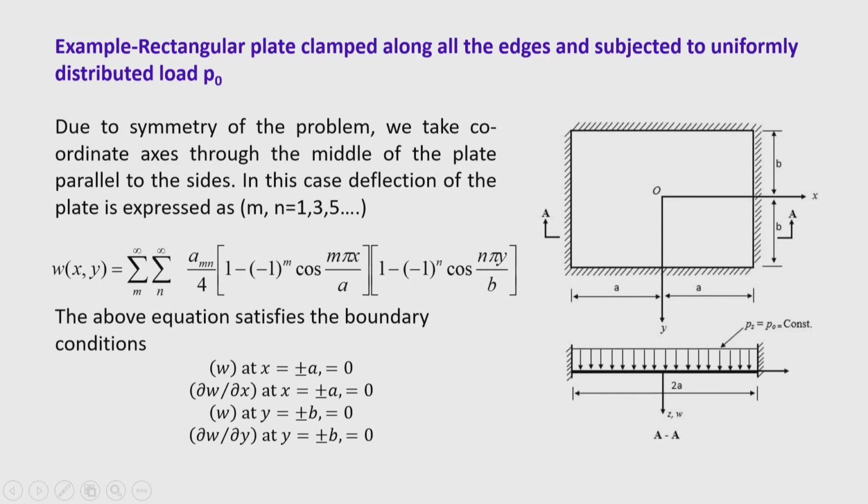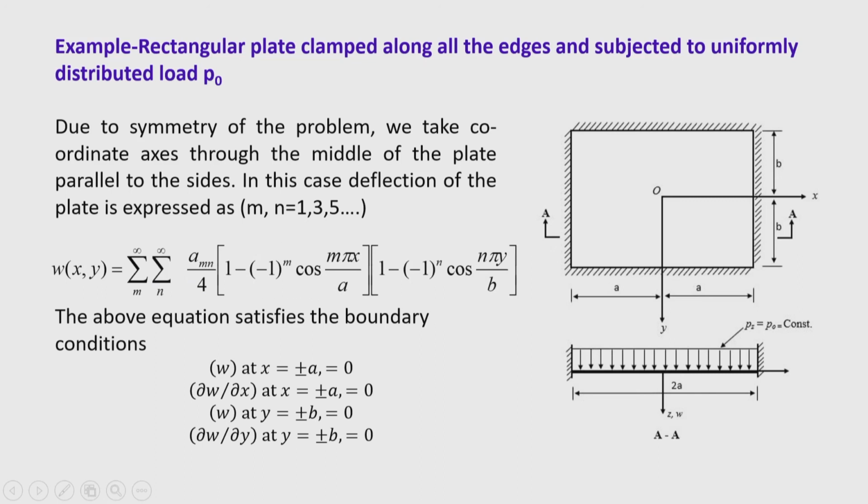So, if you take, for example, the boundary, what happens? At the boundary the deflection is 0. The boundary is plus minus a or plus minus b. So, if you take x at a, you will find cos m pi, if m is 1 for example, this factor is 1.